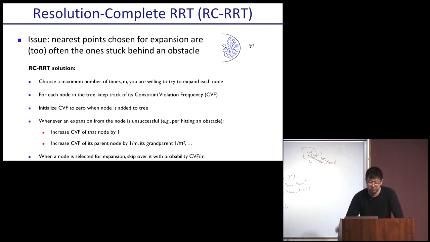Whenever an expansion from the node is unsuccessful, like when you want to expand from one point and there is some collision during the expansion, we increase the CVF by 1. And we increase the CVF of its parent node by 1 over m, and the grandparent by 1 over m squared, and so on.